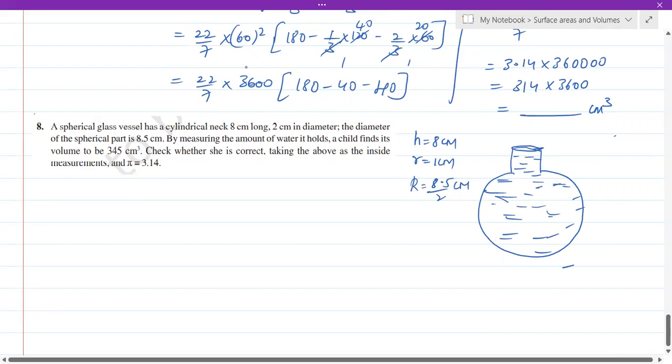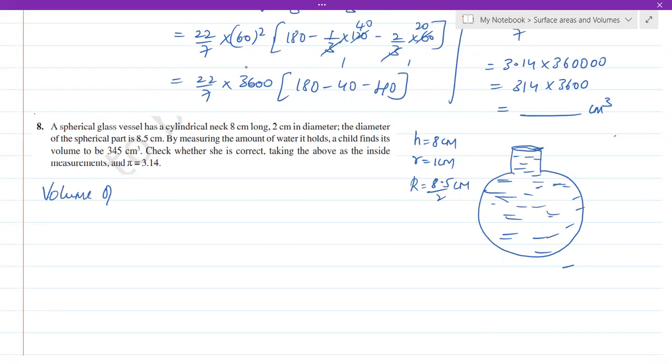So volume of water will be equal to volume of cylinder, because the cylinder also consists some amount of water, isn't it? Volume of cylinder plus volume of sphere, both put together is the volume of the water in the vessel. Volume of cylinder is given by the formula pi r square h.